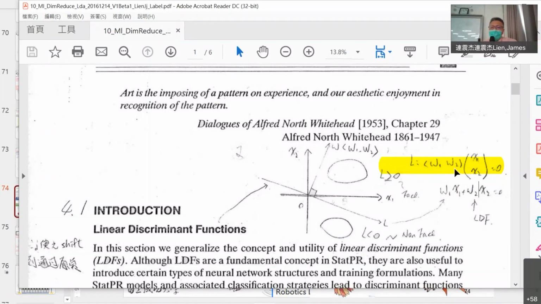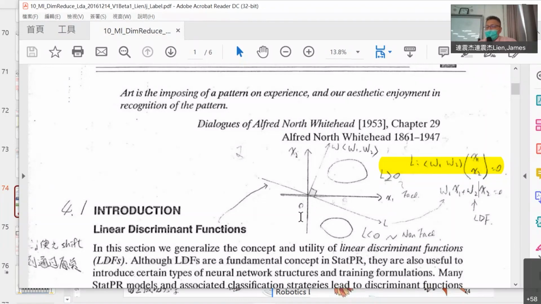So x1, x2 are the x's. What are w1, w2? Because it's the inner product, W1 W2 is the normal direction of this line. If the line L passes through the origin, it is represented this way. x1, x2 are the axes, and w1, w2 are the normal direction.